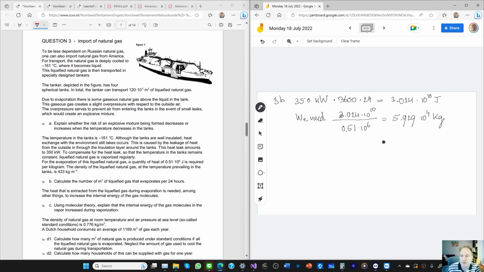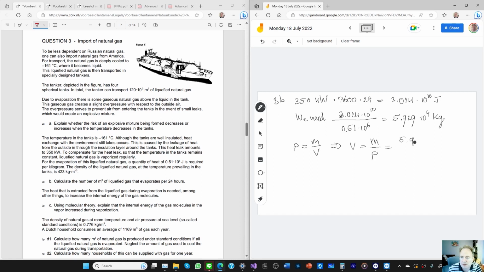So evaporation of this will require this amount of heat. We need to figure out what that is in terms of volume. So the density is mass divided by volume. So volume is just equal to mass divided by the density.